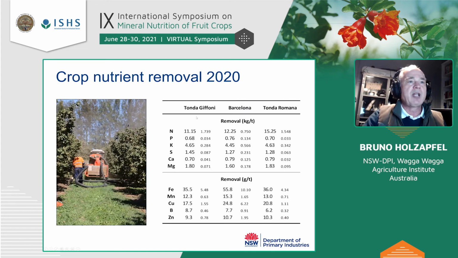So if you relate that to removal, and that's just kilogram per ton of nuts in the shell removed from the orchard, because of the higher concentration of nitrogen, or any other nutrients, that then relates to higher amounts of nitrogen removed from the orchard, and with expected yield going up, you can multiply that by 5, and that would be a removal of nitrogen from the orchard, and this multiplication would be the same for the other nutrients.